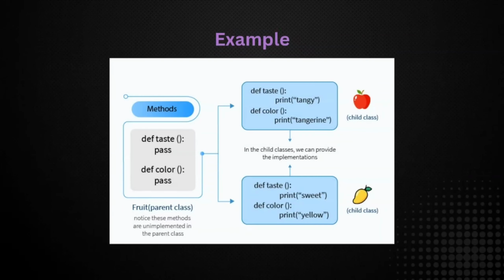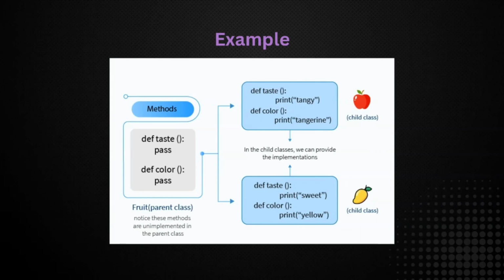Now let's see an example of the abstract class. In this example, we have created an abstract class Fruit. We derived two classes, Mango and Orange, from the Fruit class that implement the methods defined in the class. Here, the Fruit class is the parent abstract class, and the classes Mango and Apple become the subclasses or child classes.